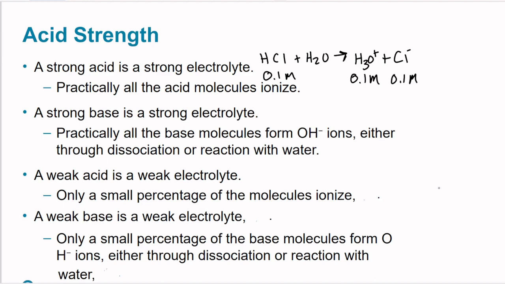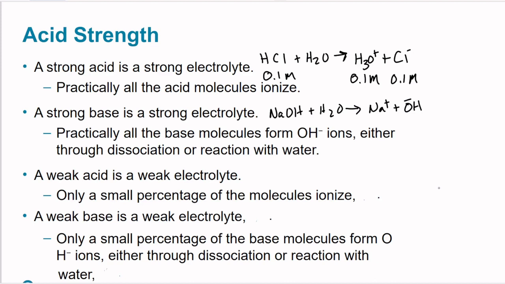A strong base is also a strong electrolyte. So we have the same situation. For example, if we put sodium hydroxide into water and we form, let's say, a 0.1 molar solution, then this is a one-way arrow. We're going to form Na+ and OH- from the sodium hydroxide, and it's going to completely dissociate.